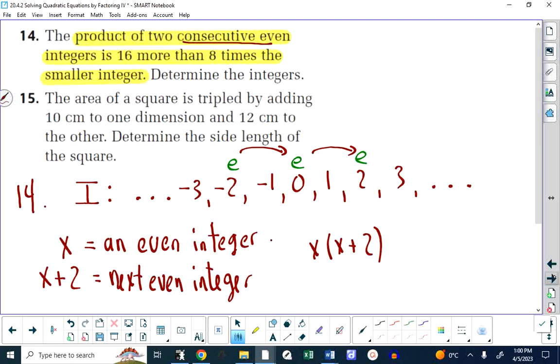Is means equals. Equals 16 more than. 16 more than means we're going to add 16 to something. More than what? More than 8 times the smaller integer. And there's the equation that we need to solve.